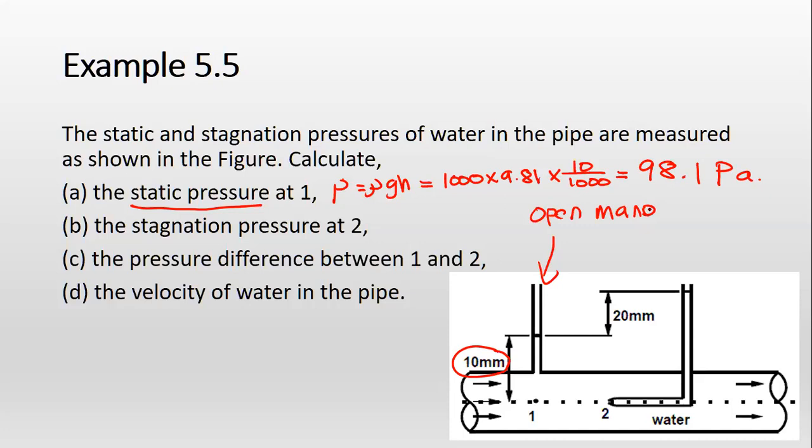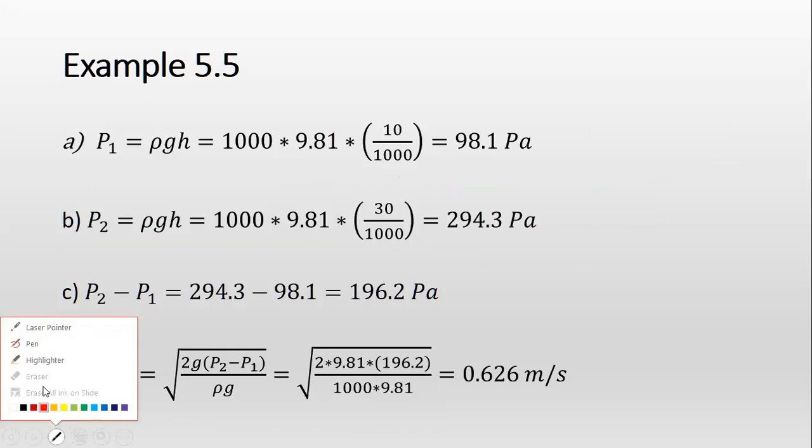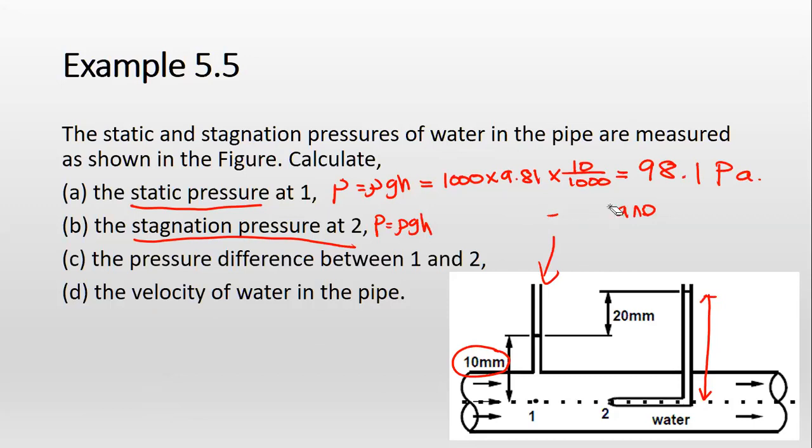Next, at point number 2 is the stagnation pressure. The stagnation pressure will be indicated by this height. Same thing, we are going to use the same formula, rho g h.